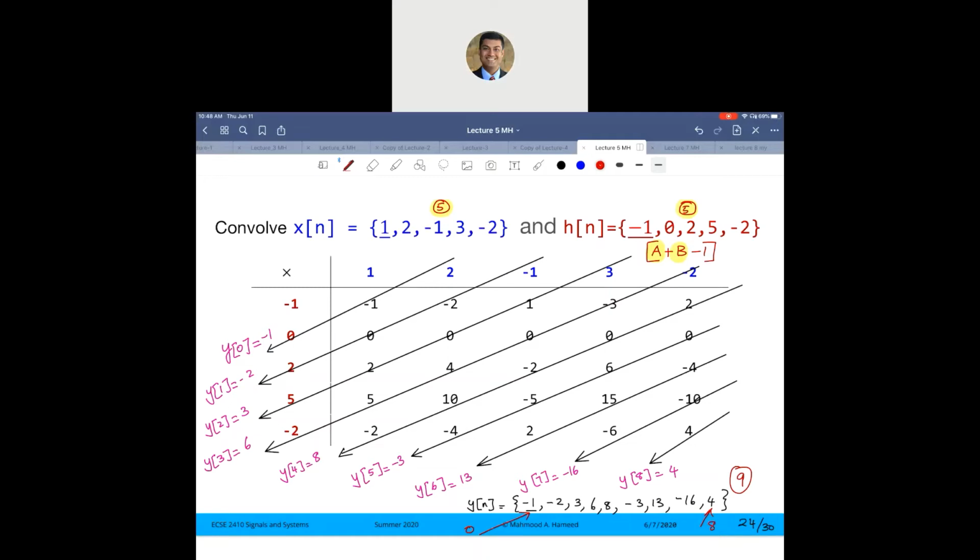Are those limits related to the limits on the two signals being convolved? Yes, they are. This corresponds to 0. This corresponds to what? 1, 2, 3, 4. n is 0 there, n is 4 there. n is 0 there, n is 4 there.